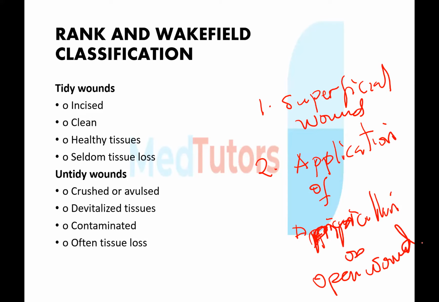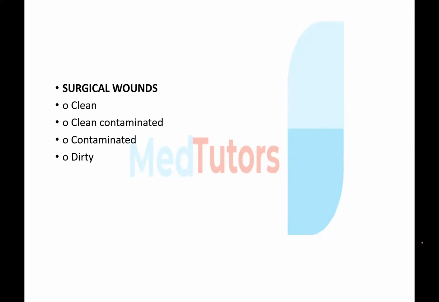The management of a wound depends on the type of wound. That is the essence of classifying wounds, whether superficial or deep. When a patient sustains injury and is bleeding following trauma, that management is, of course, different. You have to follow the ATLS protocol in managing a trauma patient.